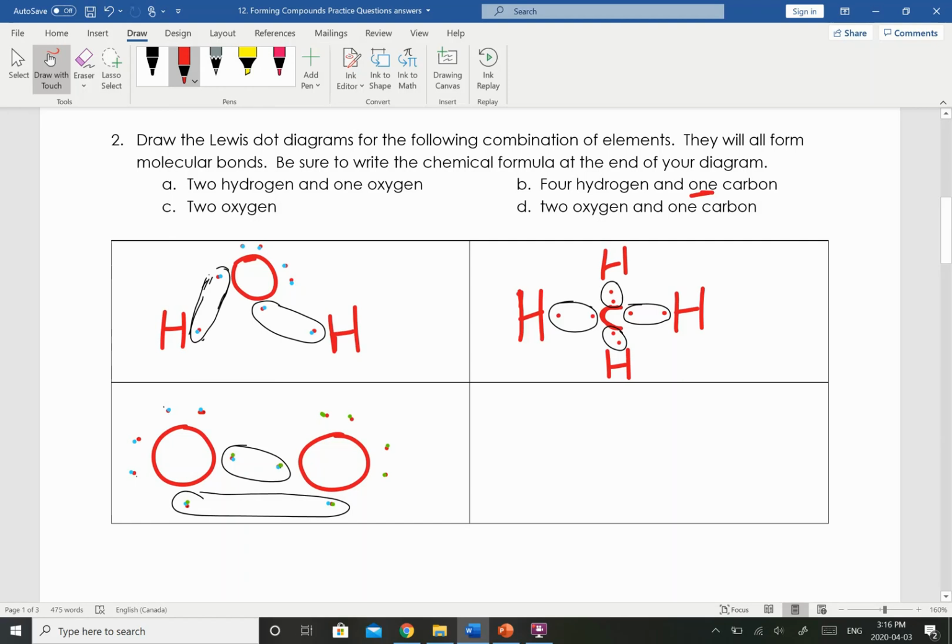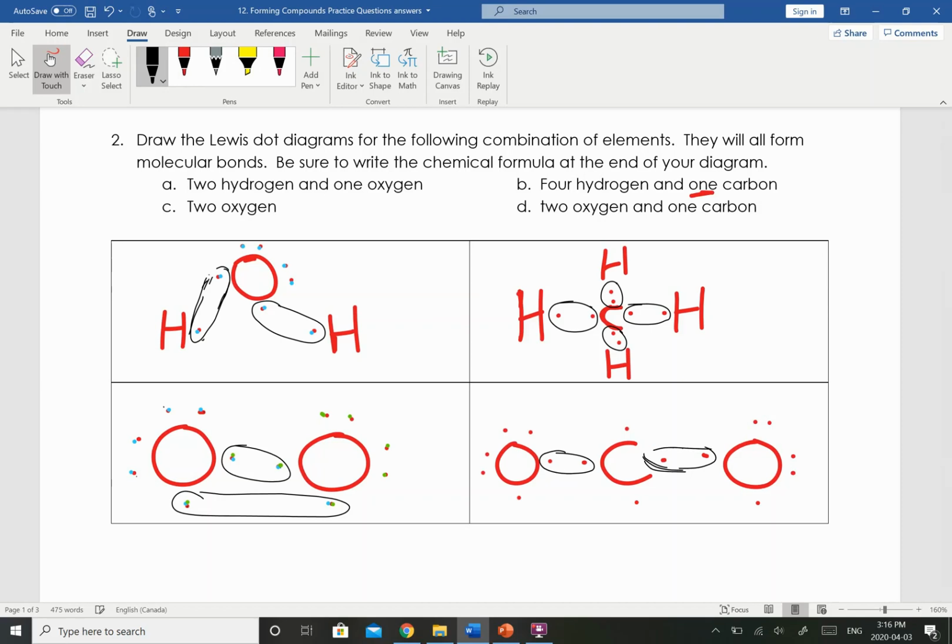So the last one, 2 oxygens and 1 carbon. So we're going to have carbon and our oxygens. Because we have 2 of them, we'll put them on the outside. 1, 2, 3, 4, 5, 6. Let's start pairing up. All right, now our oxygen sees 7. If you count them up, the other oxygen sees 7, and our carbon sees only 6.